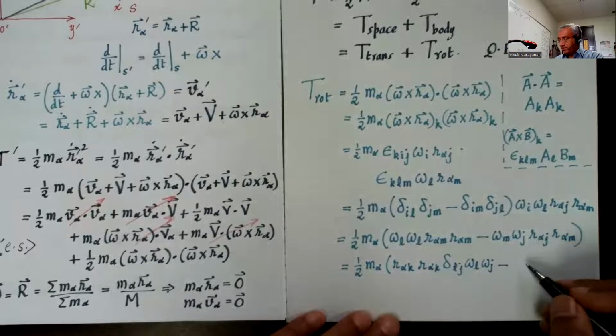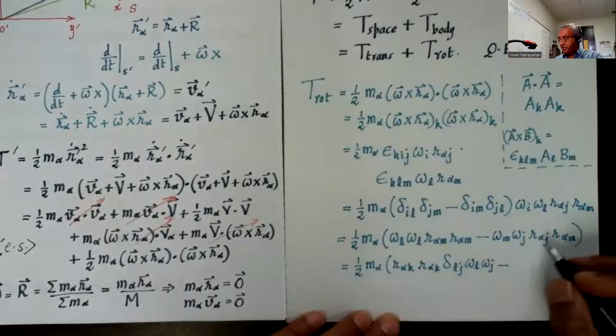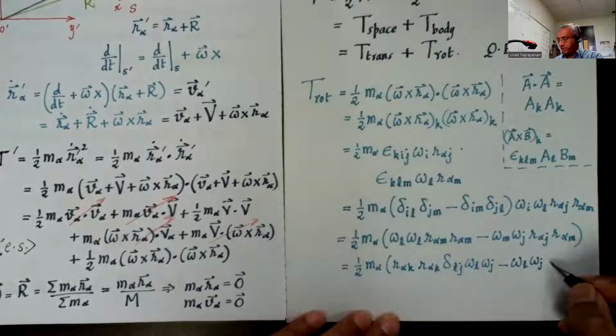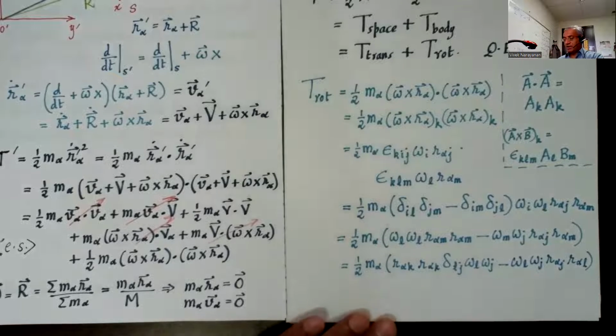And this one, I'll set M equals L, omega L, omega J, and J I'm going to leave alone, R alpha J, R alpha L, because I've put M equals L.